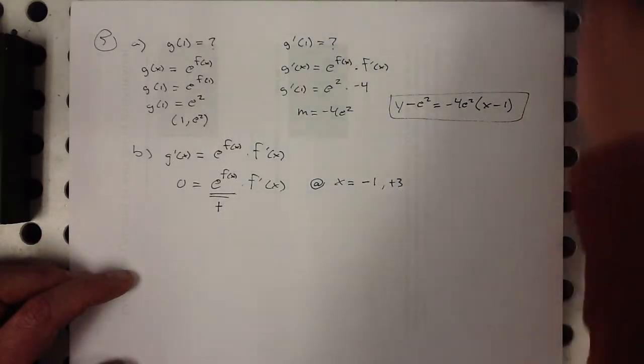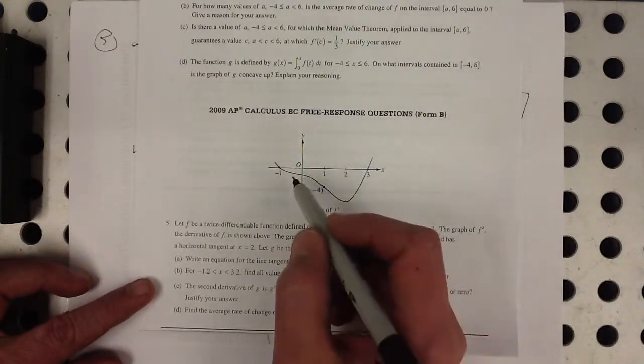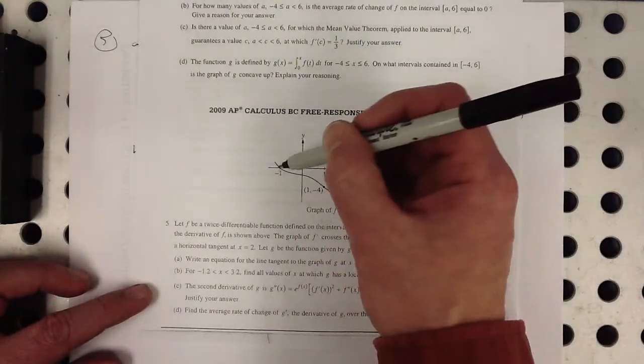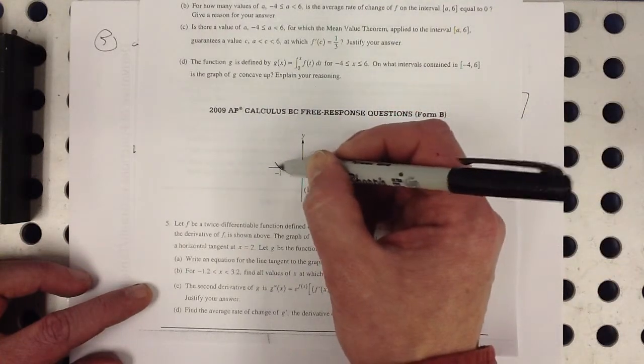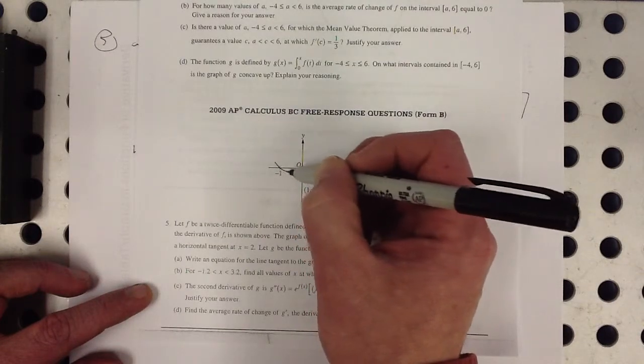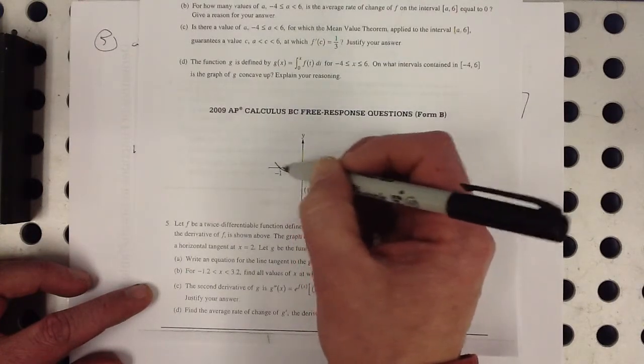And likewise, if we want to know a maximum, that's when it goes from increasing to decreasing. And so this is where f prime is positive to negative, and it's the only place where it goes from being positive to negative. So the maximum on the g function is at negative 1.